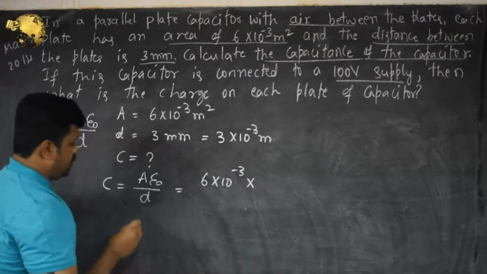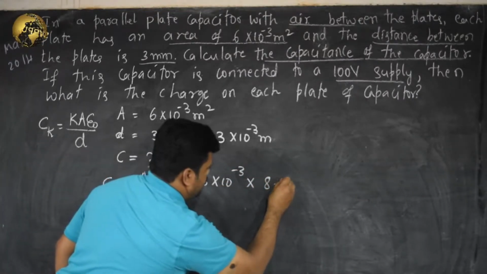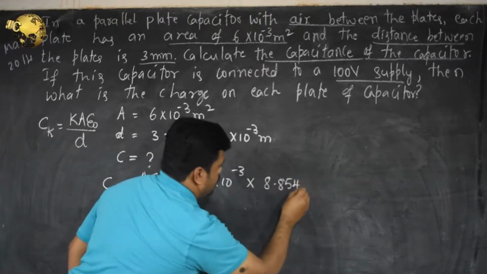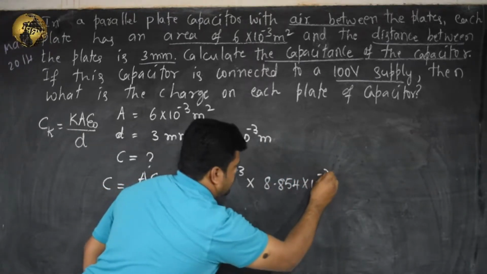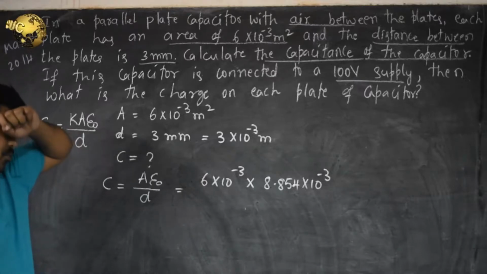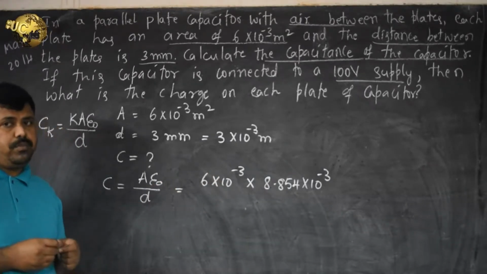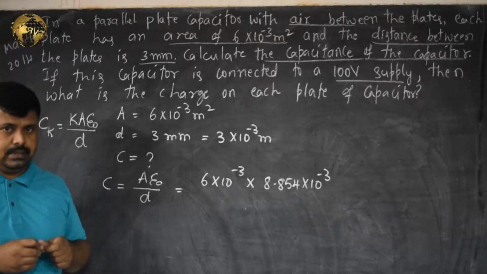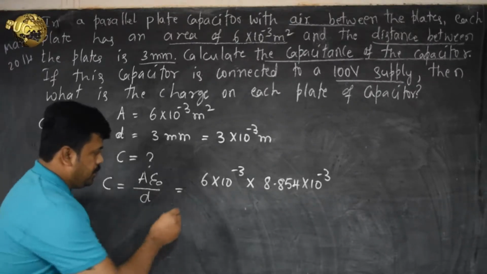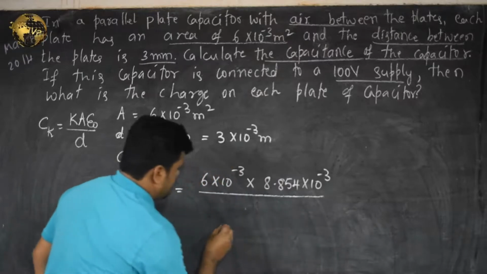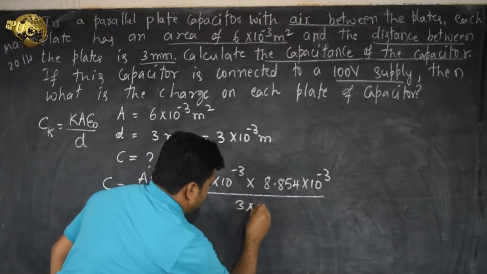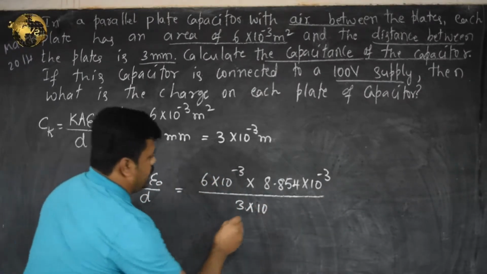The value of epsilon naught is 8.854 into 10 to the power minus 12 farad per meter. Epsilon naught is the permittivity of free space. Then d is 3 into 10 to the power minus 3.